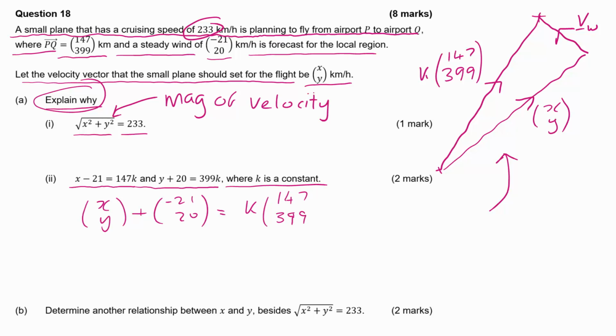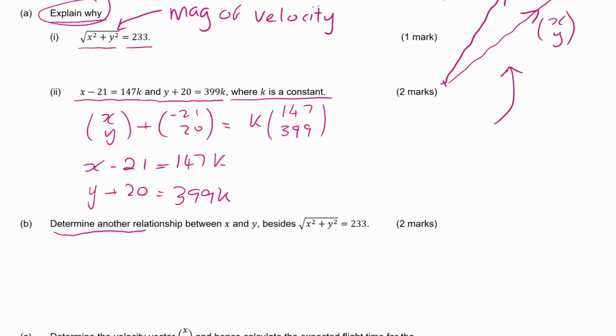It's a scalar multiple because it's not all of (147, 399), but it has to be in that direction. Therefore, the i component gives us x minus 21 is equal to 147k, and the j component gives us y plus 20 is equal to 399k.